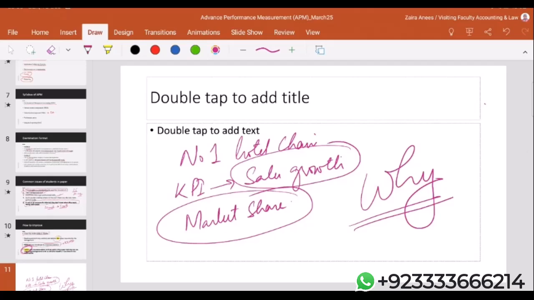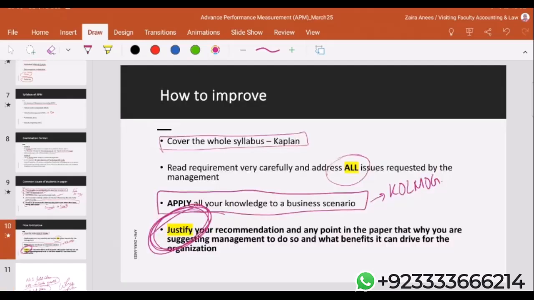So whether you are saying that I'm not satisfied with the company's performance, or that the company is not doing correctly and this thing should be done, why the company is not doing correctly should be there, and the reason behind your justification should also be there, that is, why you think that this is a better indicator.